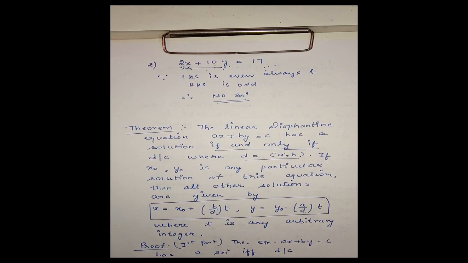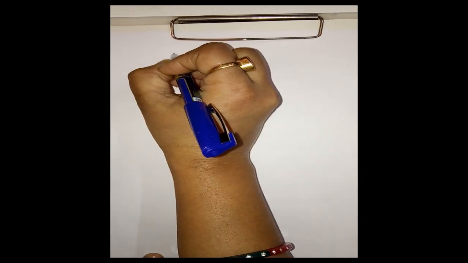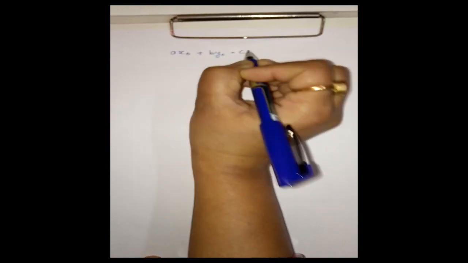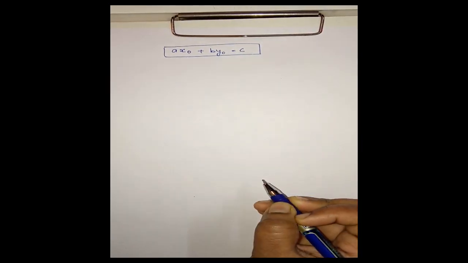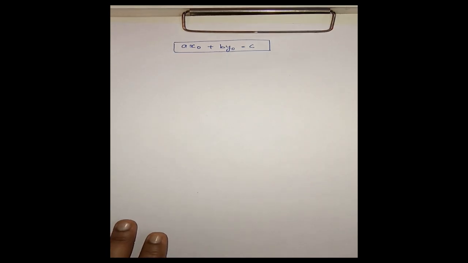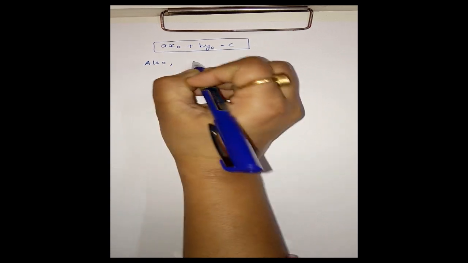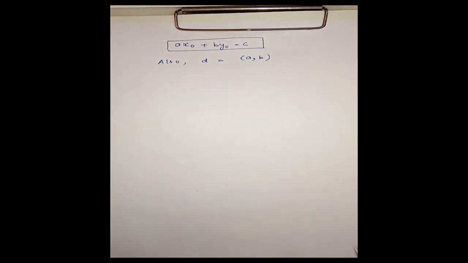Then we have ax naught plus by naught is equal to c. If x naught and y naught is any solution of the equation ax plus by is equal to c, then we have this. D is the GCD of A and B. This is given to us.